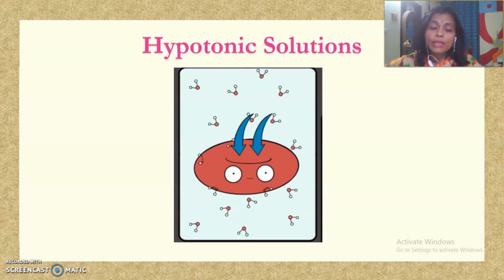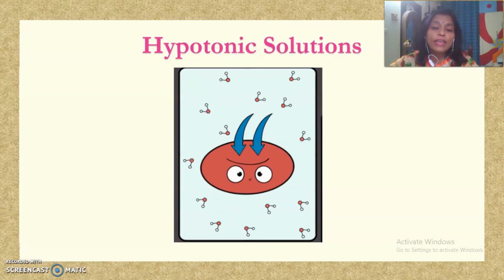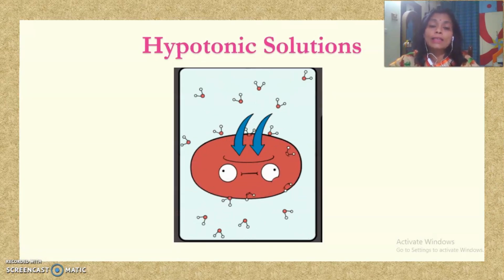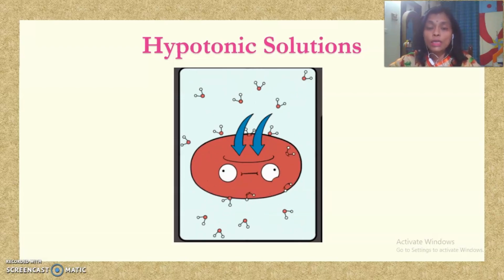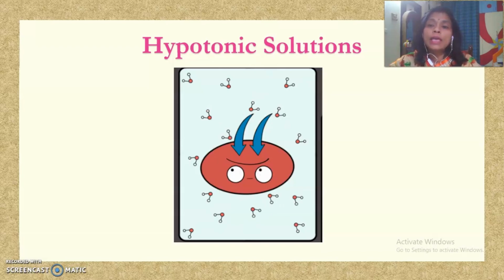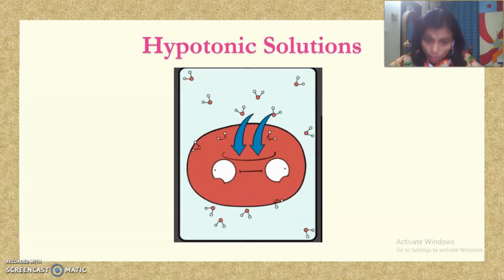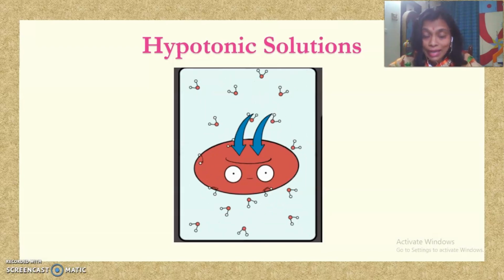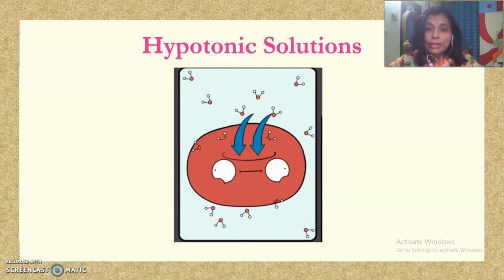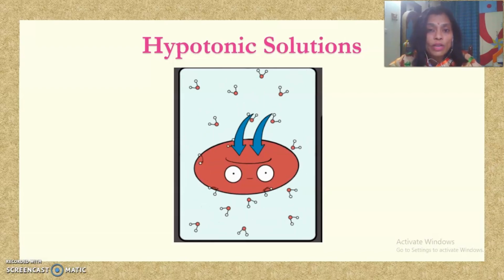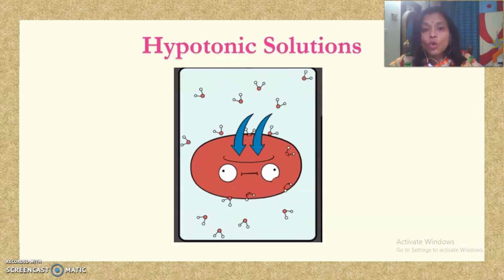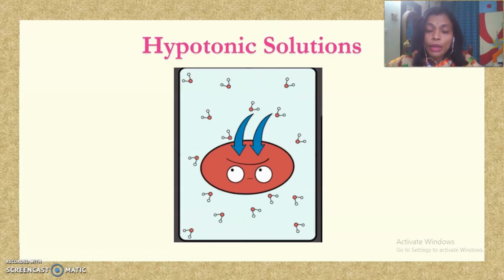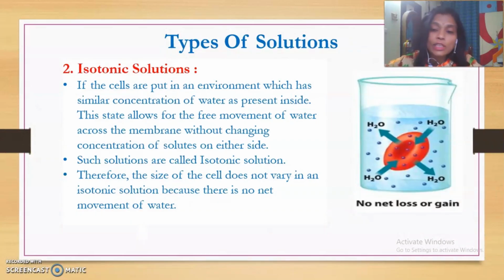In the figure you can see that the water is moving inside and cell is increasing in size. Again I would like to mention here two more terms, endoosmosis and exosmosis. The movement of water inside the cell is called endoosmosis, and movement of the water outside the cell is called exosmosis.